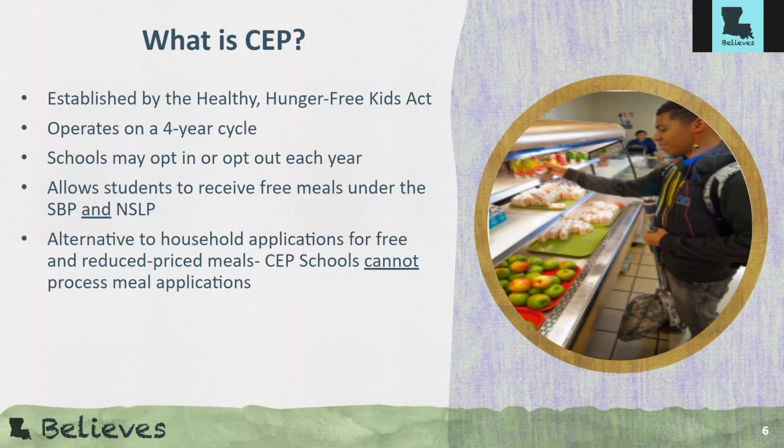So you must offer breakfast in addition to lunch to be eligible for CEP. And you cannot collect household applications for free or reduced price meals. This is considered an alternative to the household applications. There is a way around that with some of the income surveys that are being used, but a requirement of CEP is that you do not process household applications for free or reduced price meals.